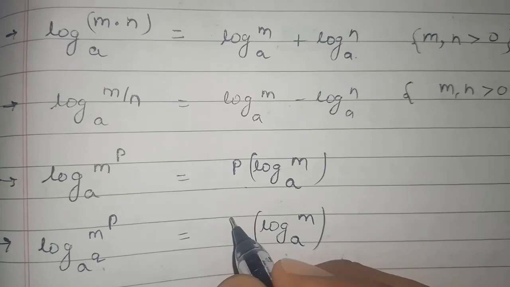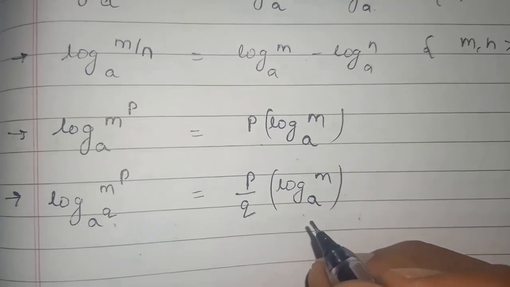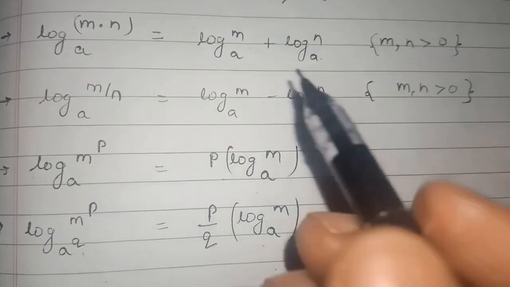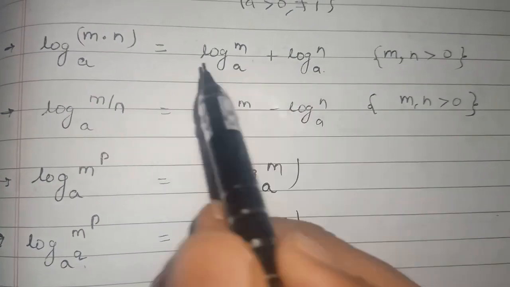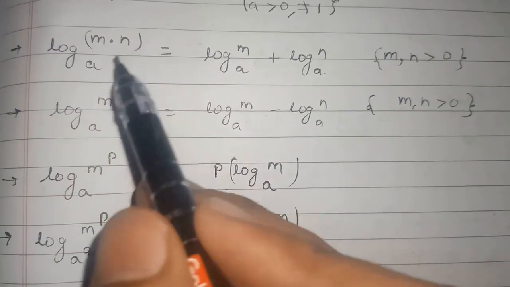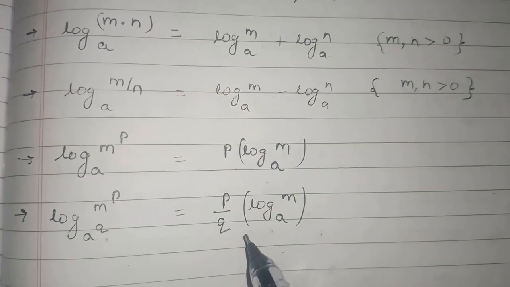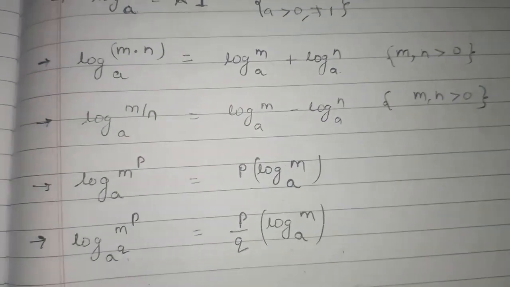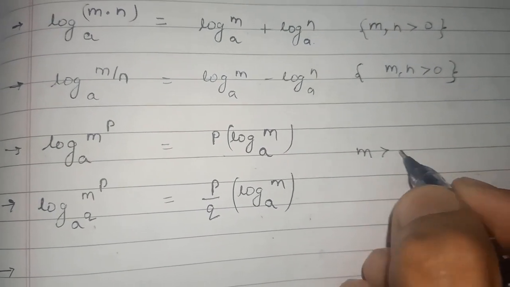Hope you understand. These properties also work vice versa. All the properties are also vice versa. Here m is greater than 0.